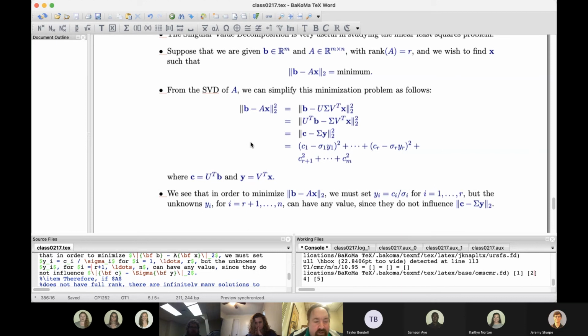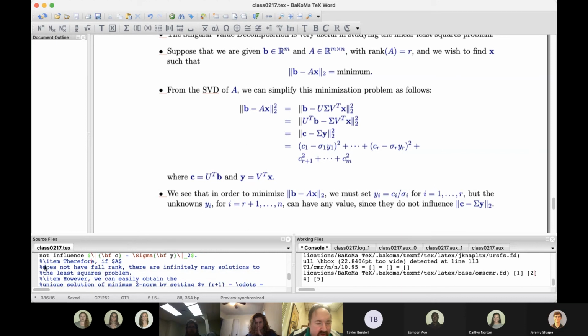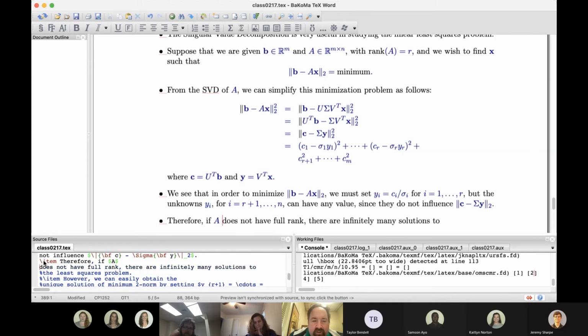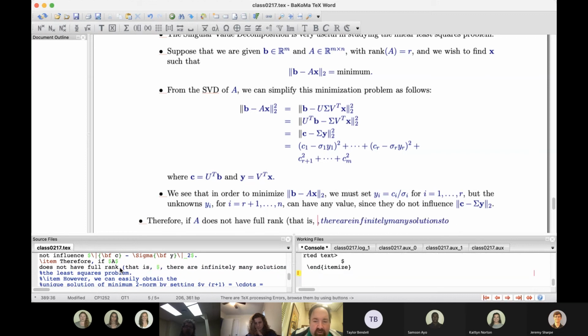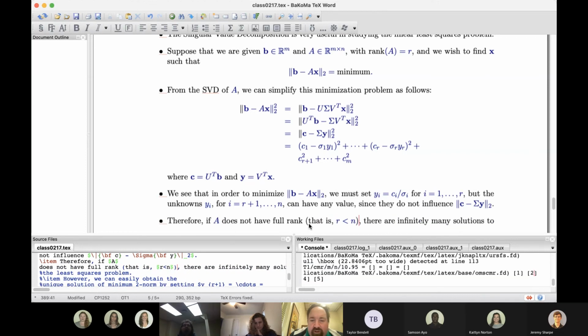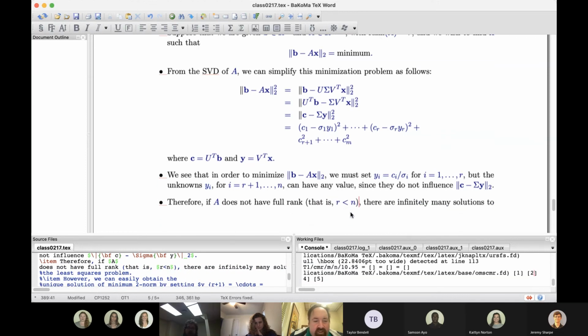Therefore, they don't affect this either. So what that tells me is that if the rank of A is less than n, in other words r is strictly less than n, then I have infinitely many solutions because I have a bunch of y's that I'm able to set to whatever I want.